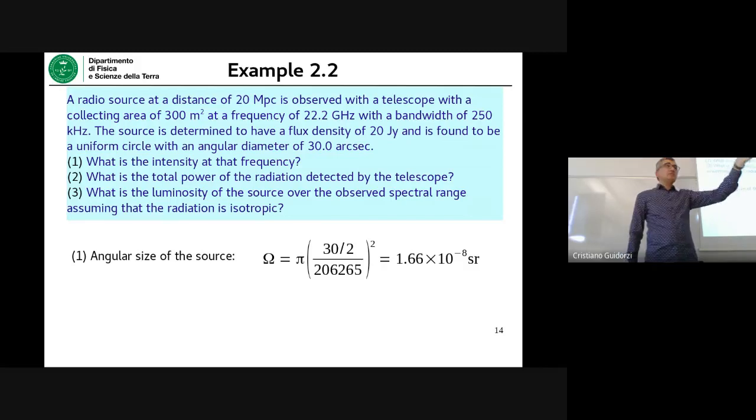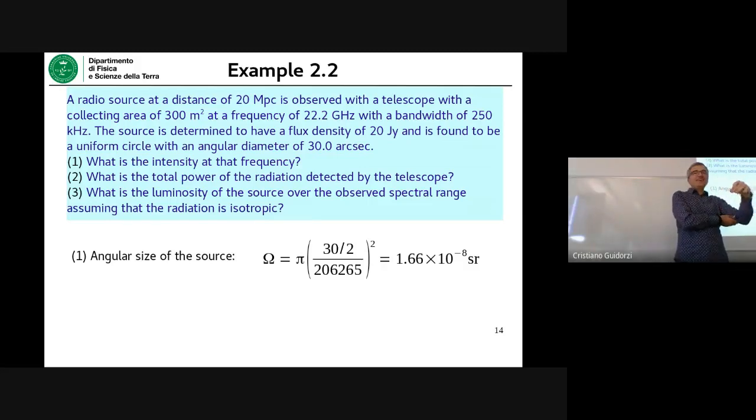And you have to express it in radians if you want the result to be expressed in steradians. So what lies among brackets is just the radius of the circle in units of radian. You remember the telephone number, all the astronomers call it telephone number. The one at the denominator, 206265, is the number of arcseconds within 1 radian.